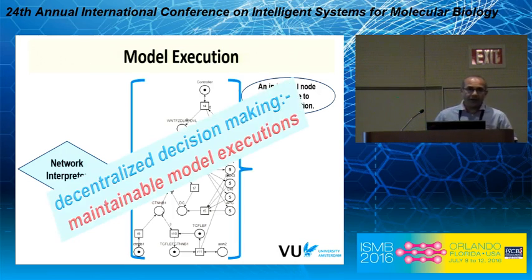So it is desirable to have a decentralized decision-making at node level, with each node having its own local rules. So this is very important. Each node has its own local rules. This way, it is possible to simulate large biological networks, and simulating large biological networks becomes more maintainable and also scalable.